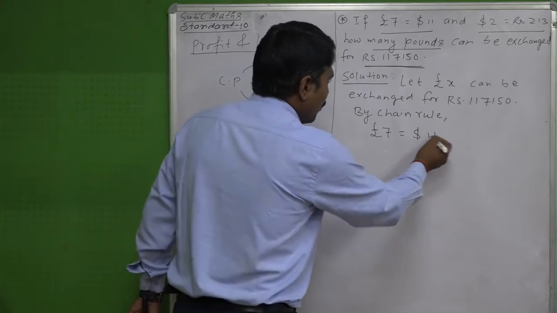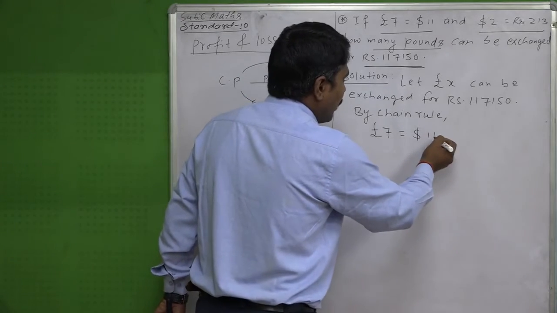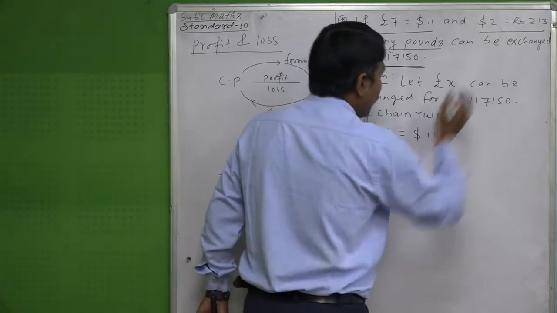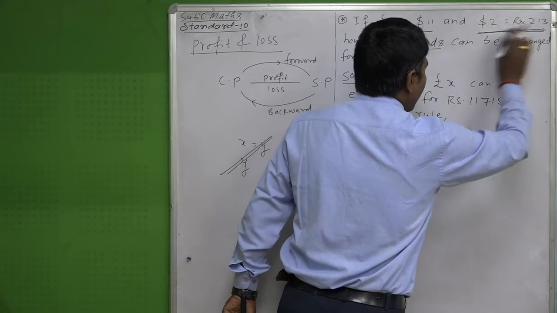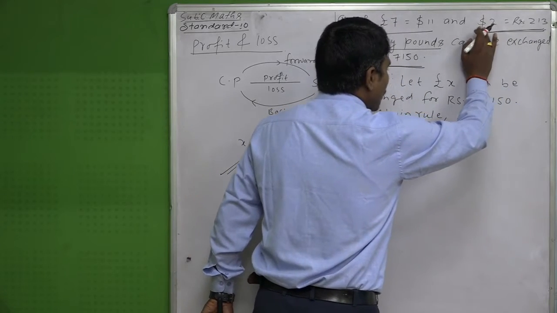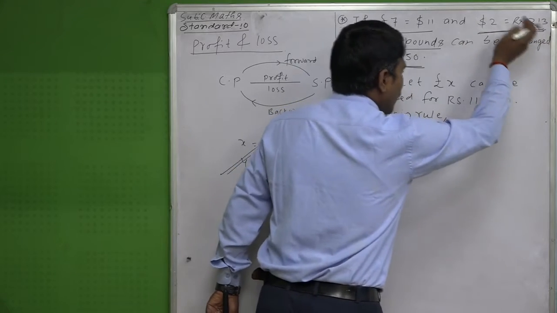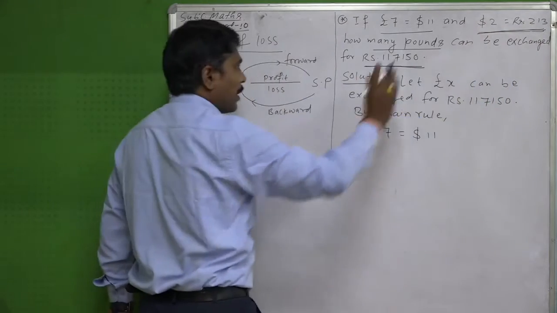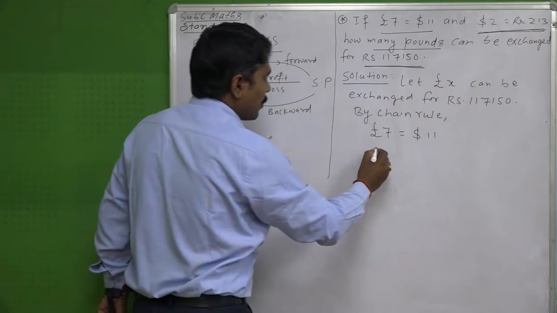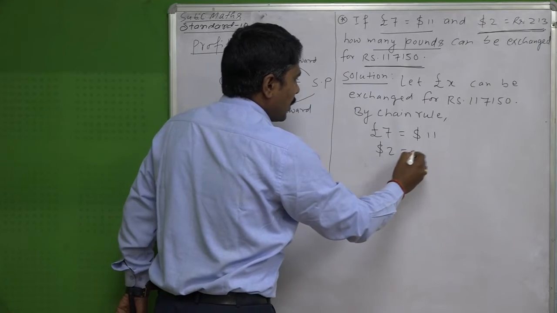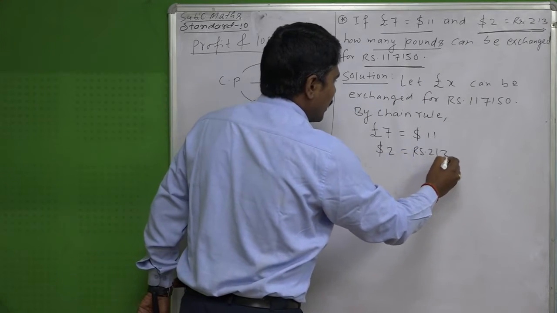Therefore here you write US dollar 11, then in the second condition you check whether dollar is here or not. If the RHS is dollar, then you have to write the dollar first, but here it is in sequence, so you can write 2 is equal to Rs 213 this way.